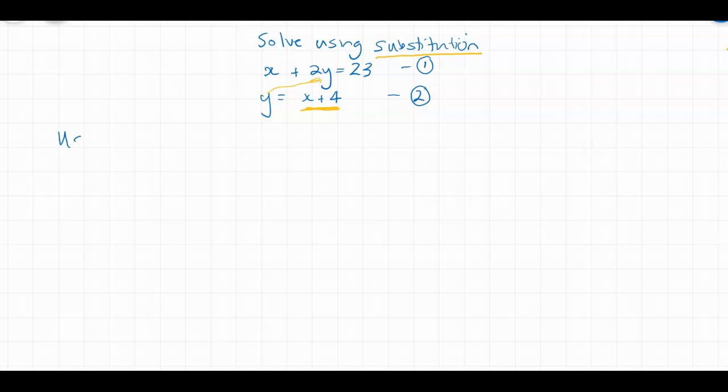So using equation 1, this is shorthand for equation 1, substitute equation 2, y equals x plus 4. Everywhere I see a y in equation 1, I'm going to put in the x plus 4.